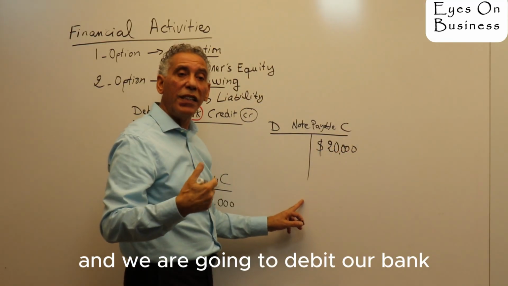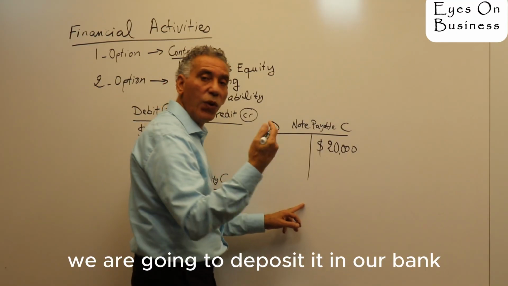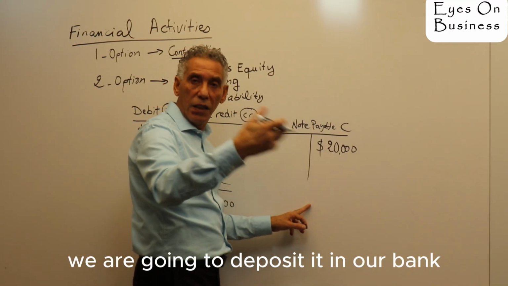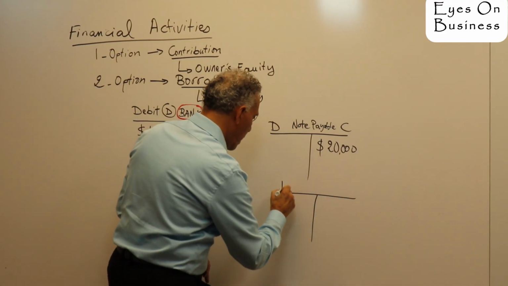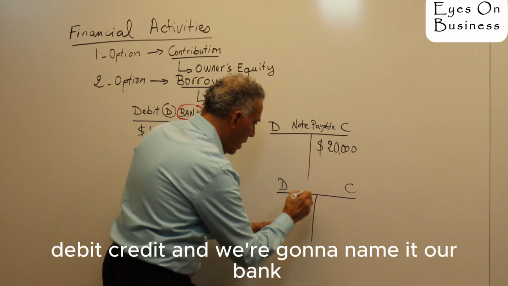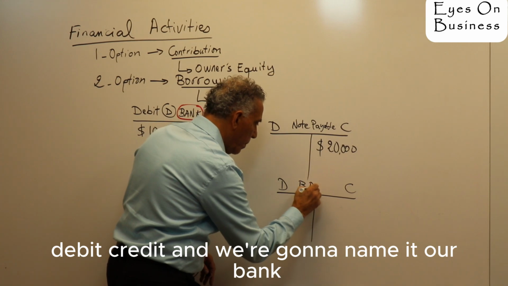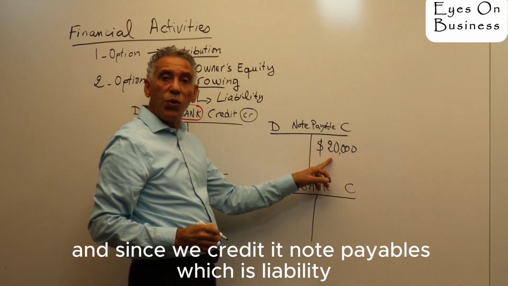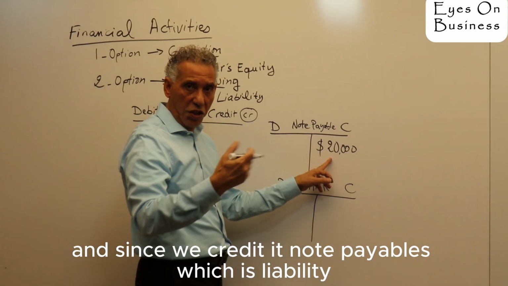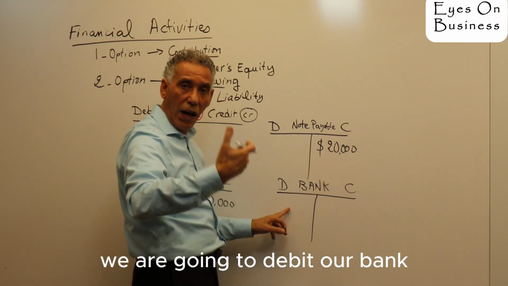And we are going to debit our bank. We got that money, we are going to deposit it in our bank. So two T accounts, debit, credit, and we're going to name it our bank. And since we credit note payable, which is a liability, we are going to debit our bank.